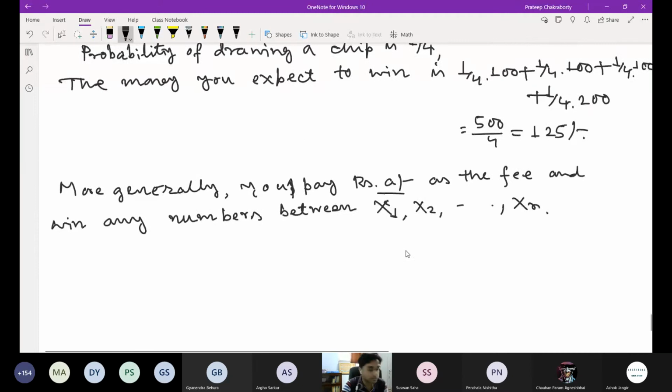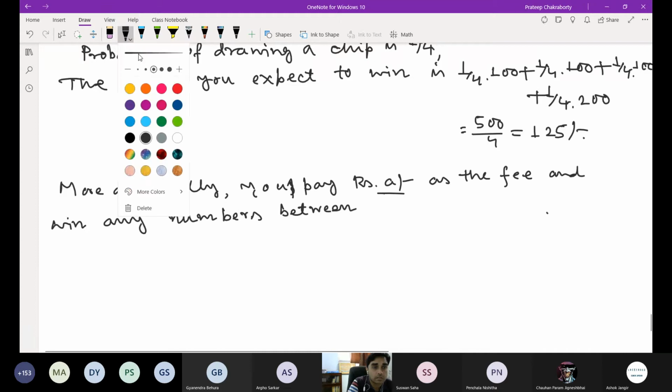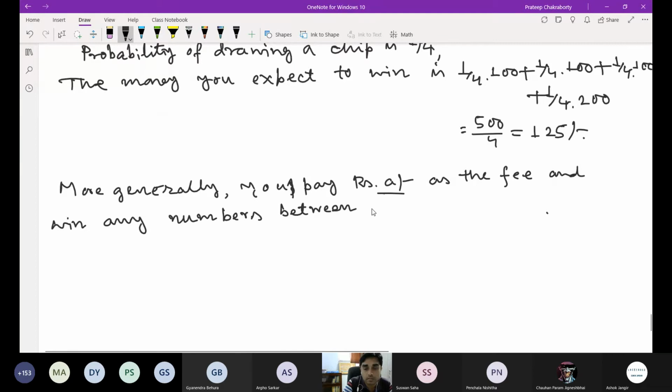Sorry, this is not capital. In the example I'm giving, these are just small x.